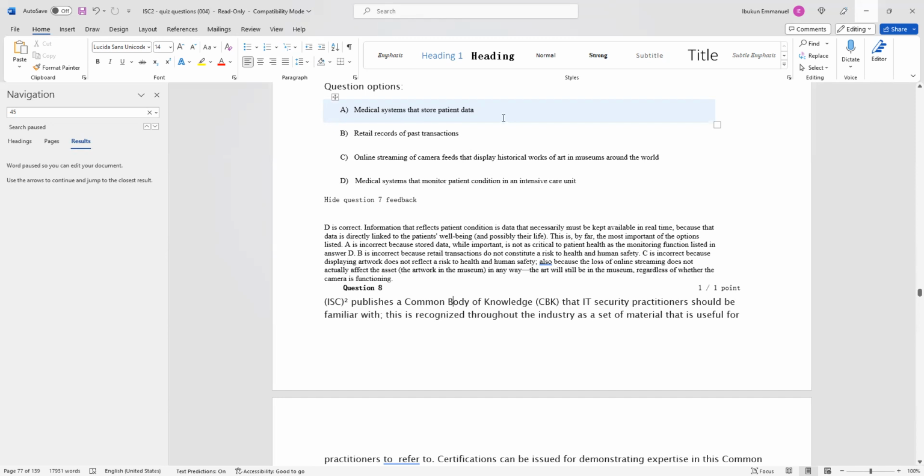So it's not just about systems that store patient data. The most important records that need to be available are medical systems that monitor patient conditions in an intensive care unit.